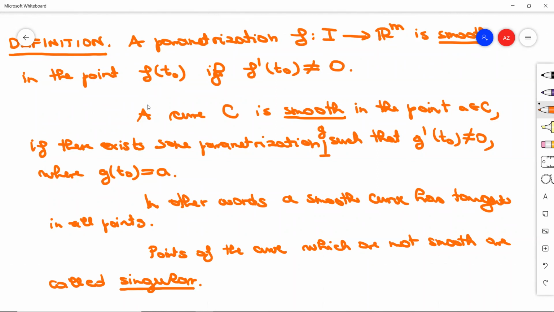Okay. And now my question is, do you maybe know or do you recall some curve which is not smooth in every point? We already mentioned this curve today at the beginning of the first lecture. Does anybody remember one curve which is not smooth? And then we will try to justify why it's not smooth at the specific point.